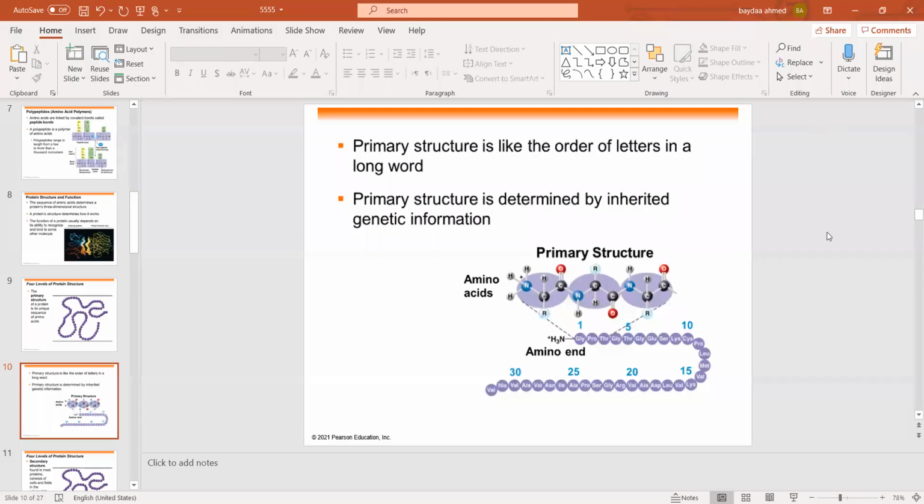So remember that the primary structure is like the order of letters in a very long word. If left by chance, there would be 20 to the power of any number you want for making a polypeptide chain with only those 20 amino acids.